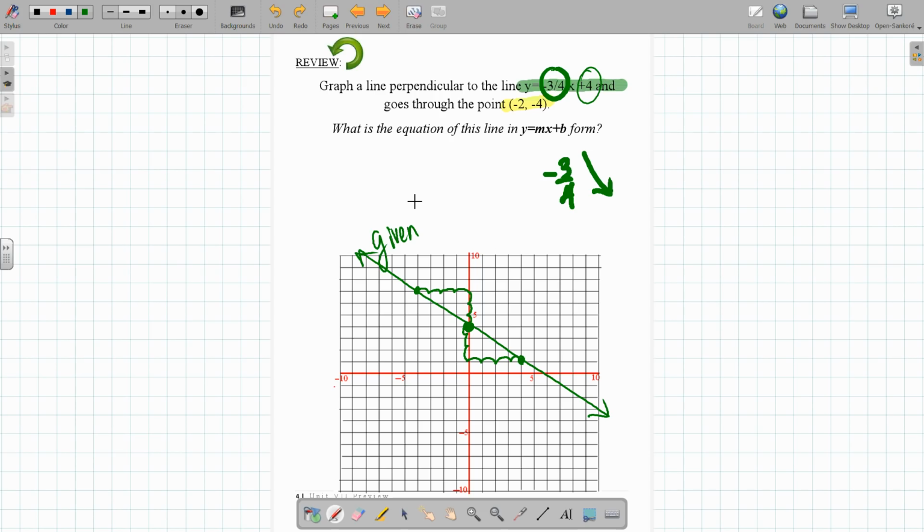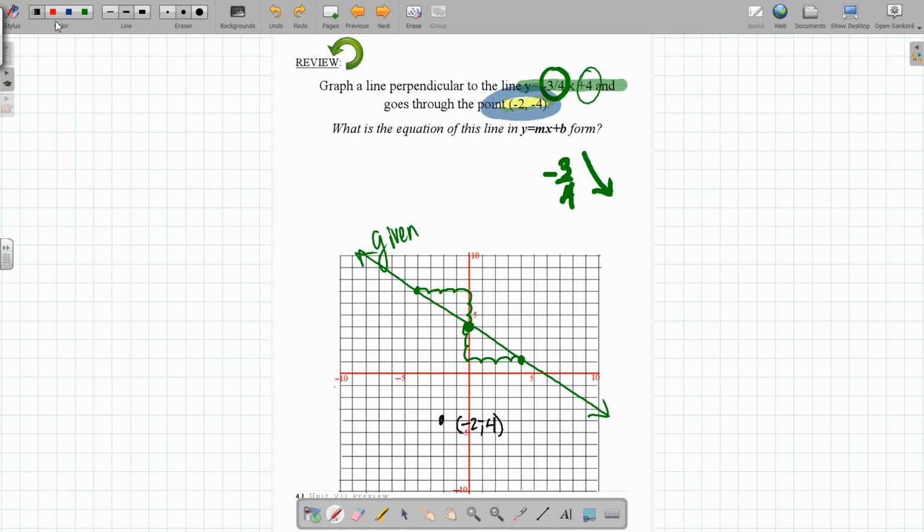The two qualities of the second line is the fact that it's going to go through this point, negative 2, negative 4. And it's going to be perpendicular.